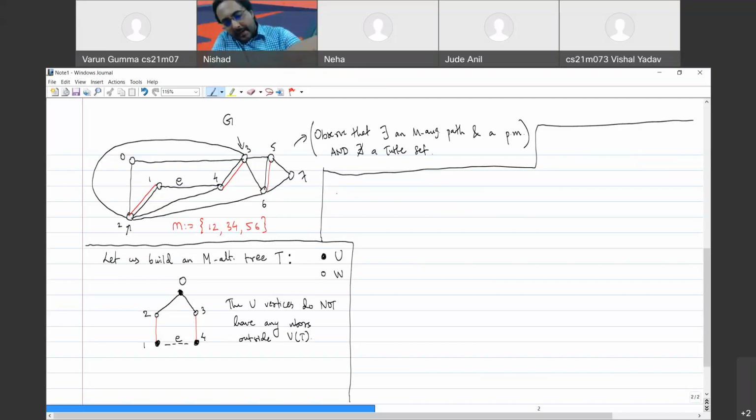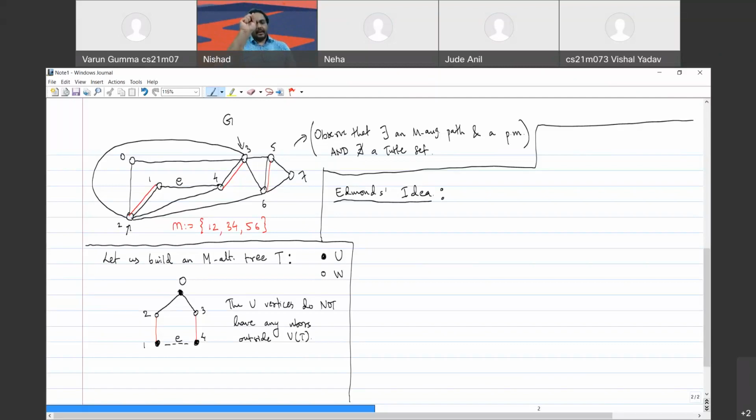So Edmonds' idea: what Edmonds said is that if you find 2 vertices in the set U in the tree that you are constructing, so 2 black vertices joined by an edge, shrink the cycle.